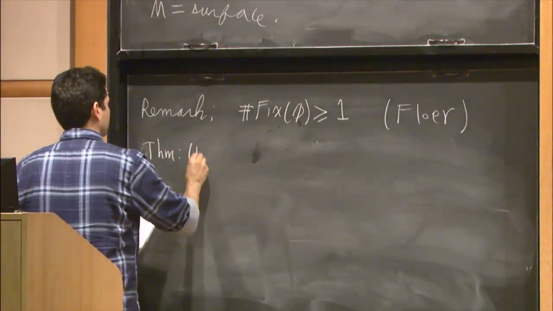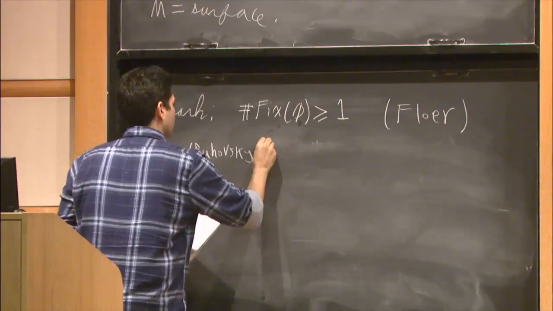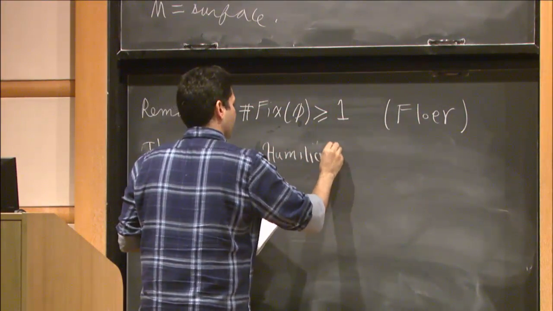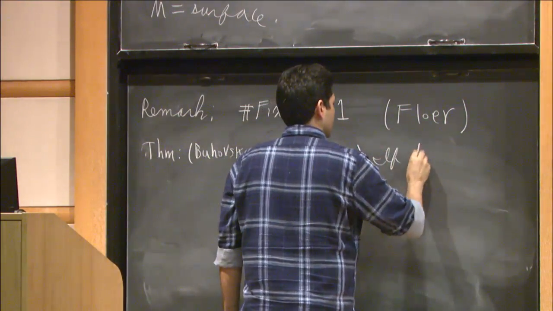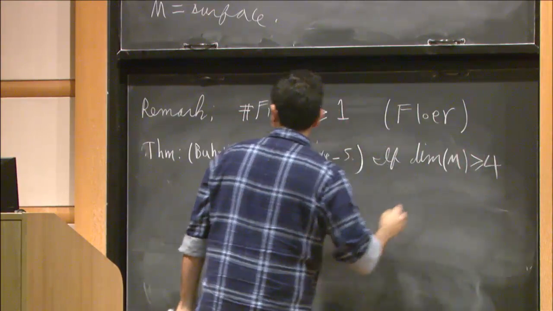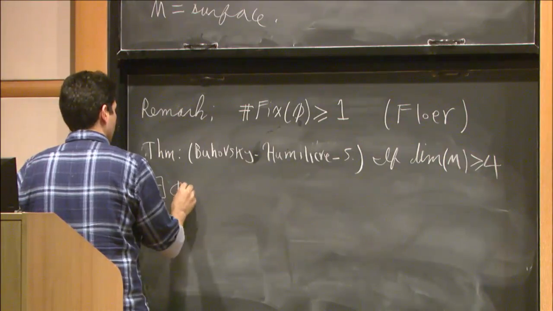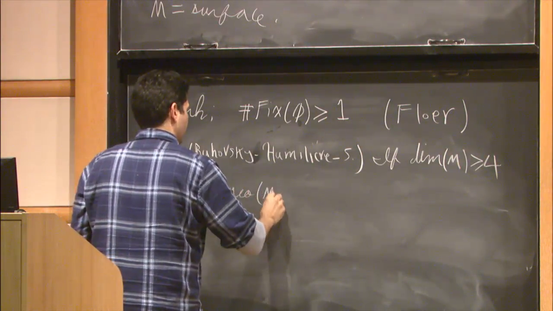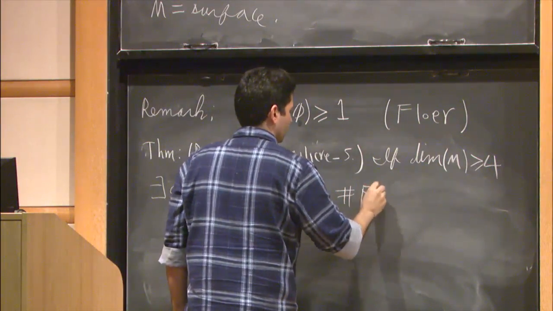So here's the main theorem of the talk. And this is with Lev Buhovsky and Vincent Humilière. If the dimension of M is at least 4, then there exists a Hamiltonian homeomorphism such that this homeomorphism has exactly 1 fixed point.